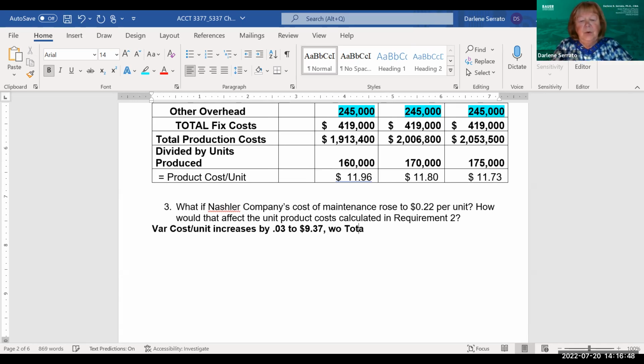So total product cost per unit will increase by 0.03 to 11.99. And the increase is all due to the variable portion.